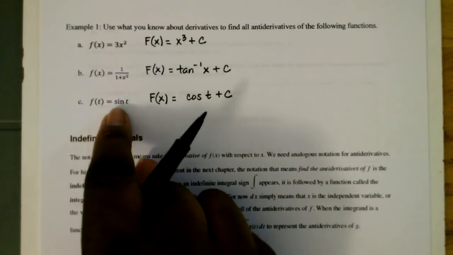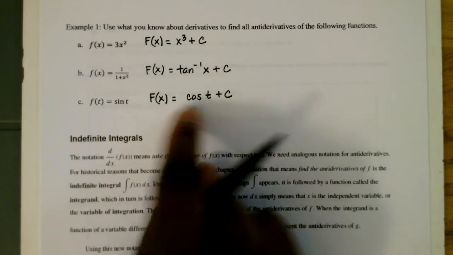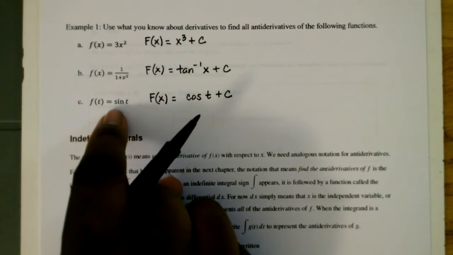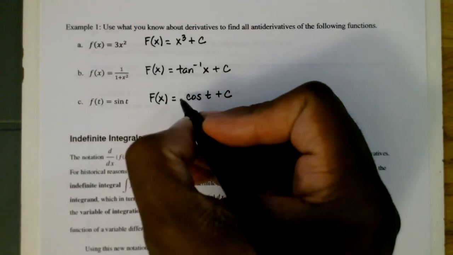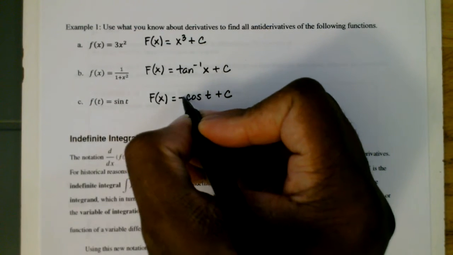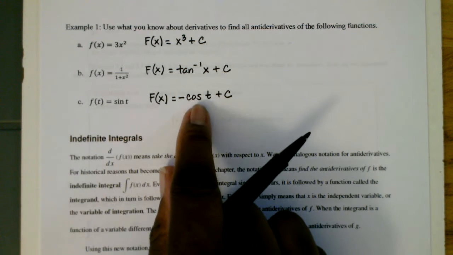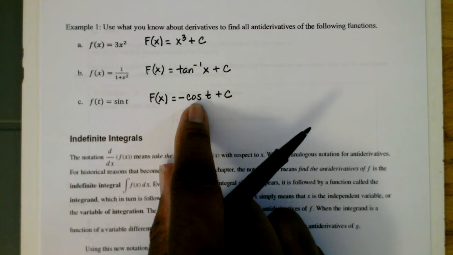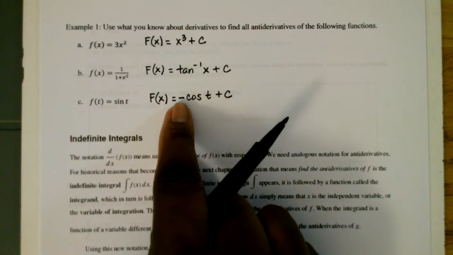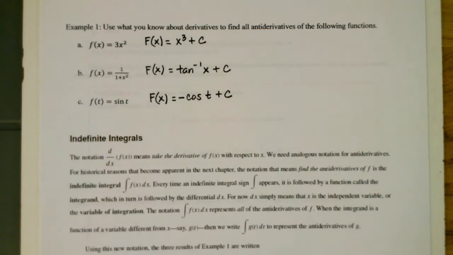But notice that sine is positive. The derivative of the cosine would give me negative sine of t. So in order for that to be positive, the cosine of t has to be negative. You can check this by taking the derivative of the cosine of t. The derivative of the cosine of t is negative sine of t, and then the negative in front will make that positive sine of t.